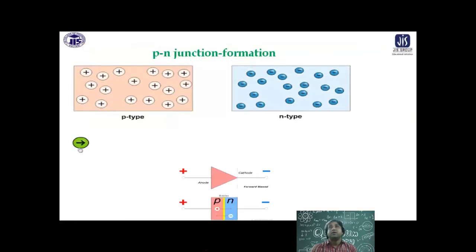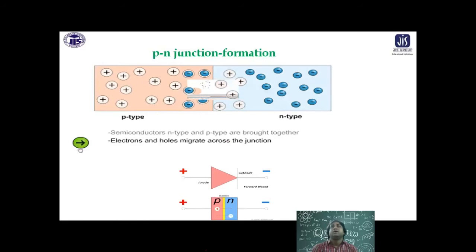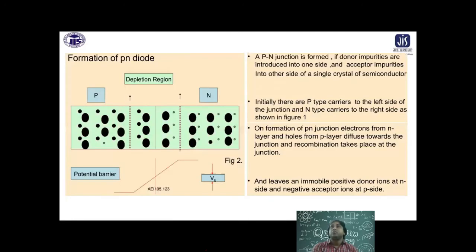This is a junction diode, and the moment you join them, you see electrons and holes recombine and the depletion region is created. Now I want to show you something about the depletion region in terms of the Fermi energy level, and you will realize it is so easy, so smooth.